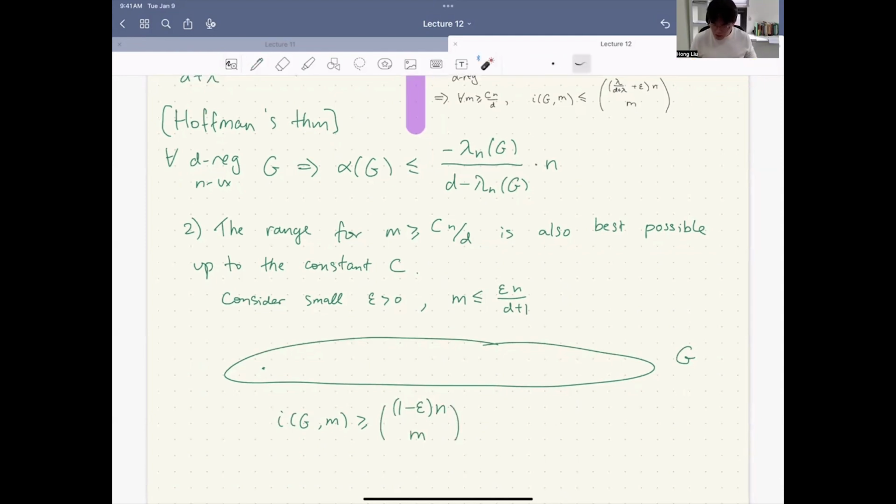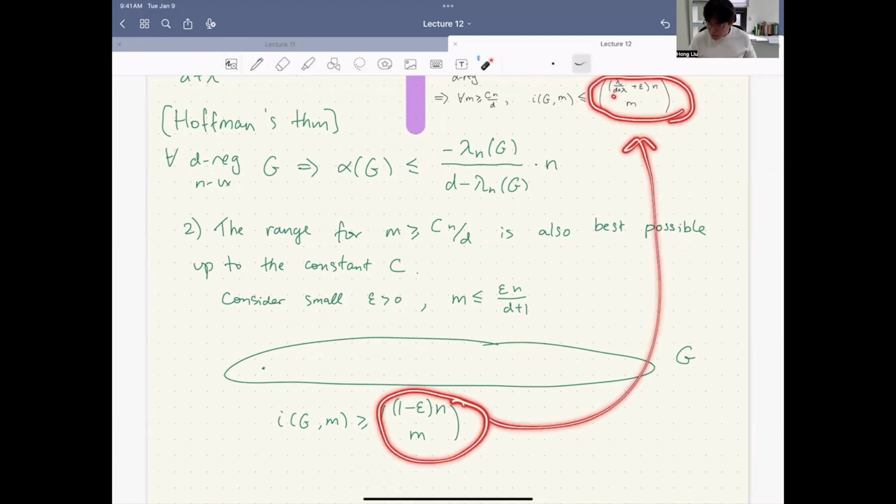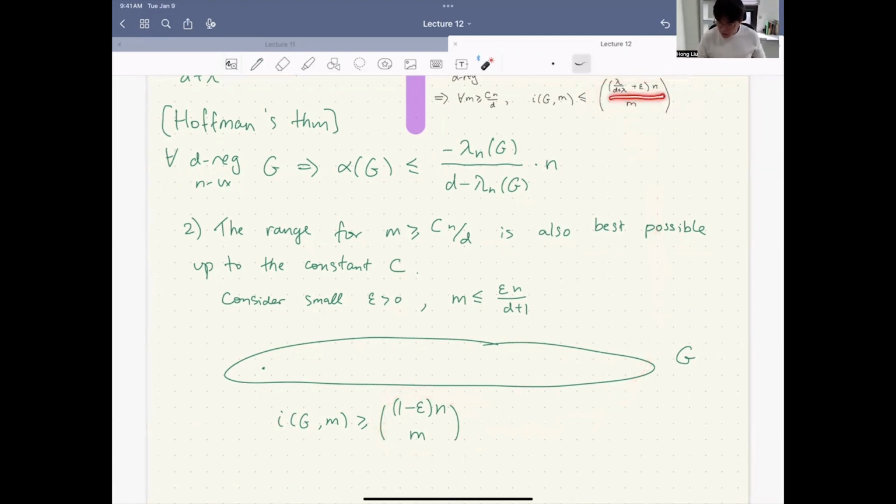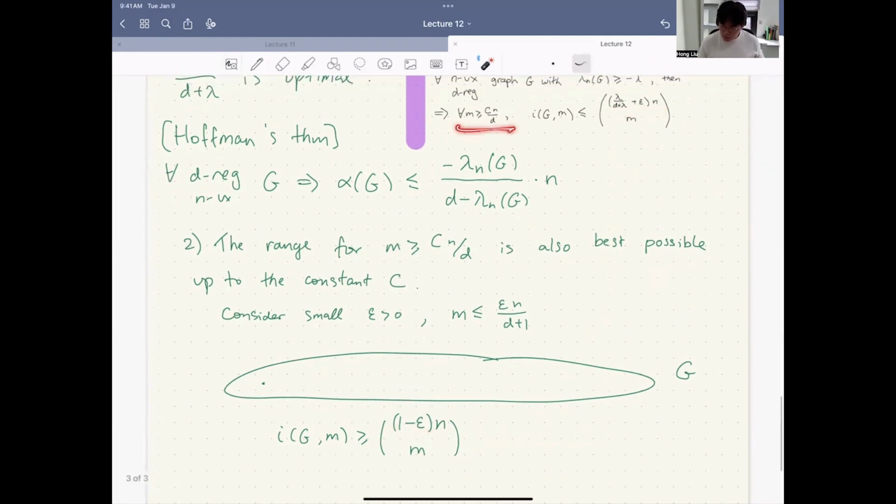And obviously, this is larger than this bound. I mean, this is at most 1/2 times n choose m, right? But here we have almost 1 times n choose m, larger than that. So when m is smaller, it's not true.